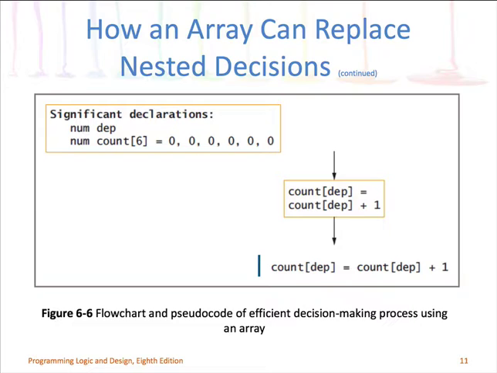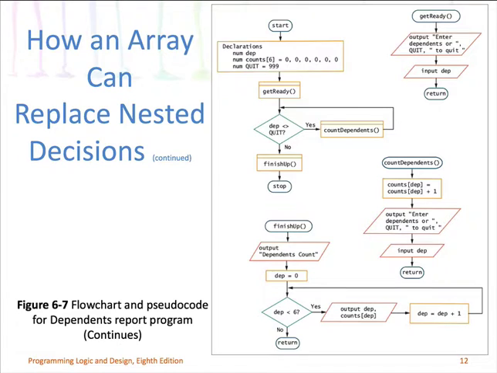And in the last case, if dependents is 5, it will increment the 5th location of the 6-element array, so the last element of the array. So you need to think about how all those values relate to each other. The flowchart looks a little bigger, but that's because they did this in good programming style. In the case of get ready, we need to prime the loop and ask for the number of dependents.